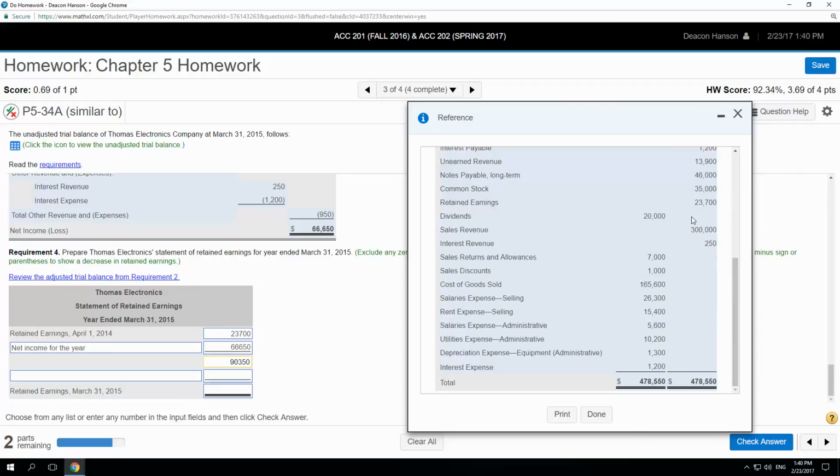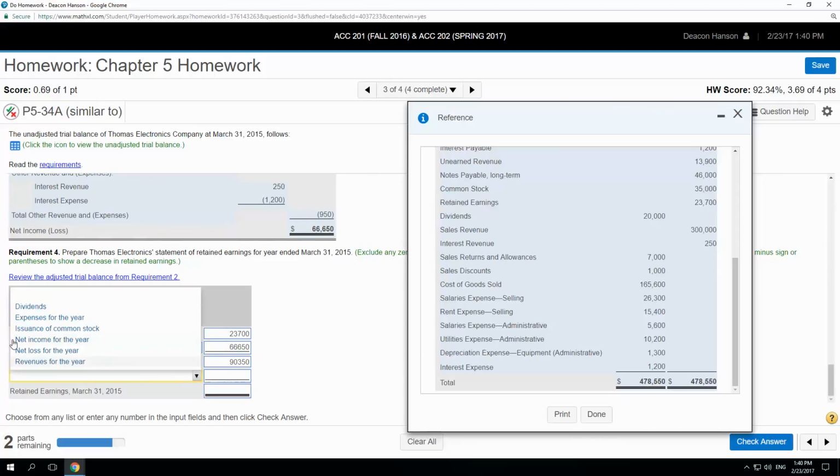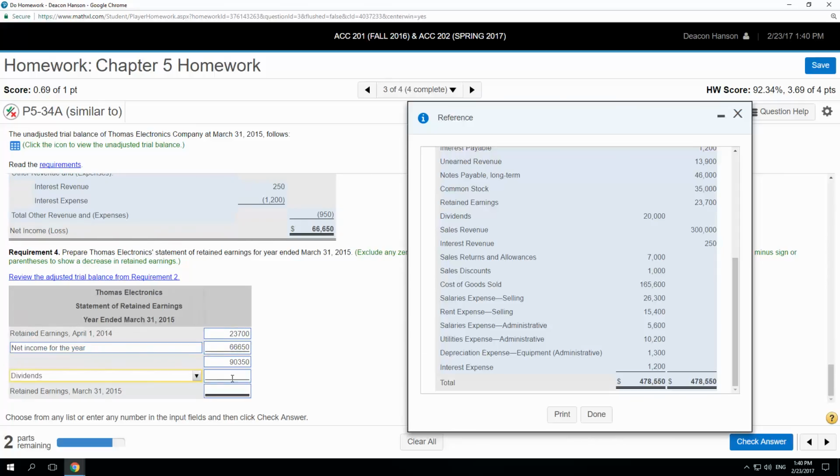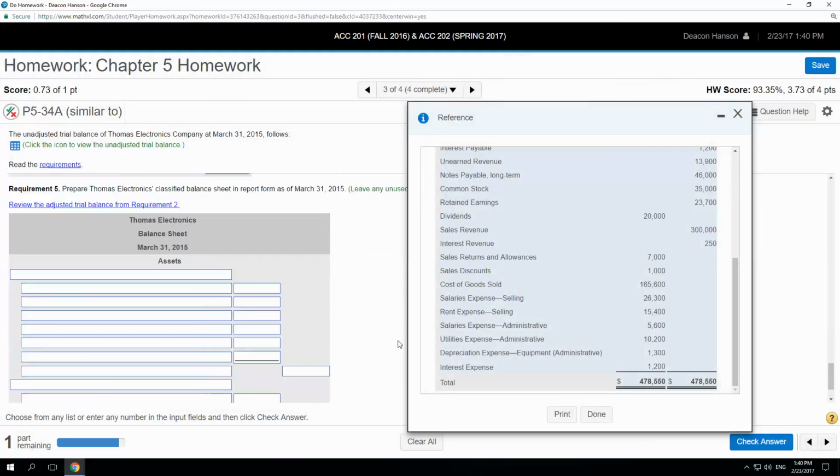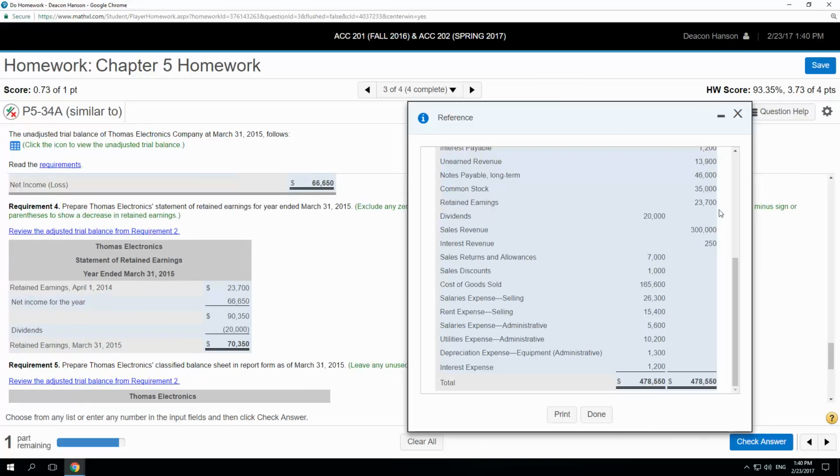Then we're going to take the dividend amount of 20,000 and subtract that. So dividends of 20,000 will be subtracted. So we end up with 70,350. The beginning retained earnings was sitting right here on the adjusted trial balance.